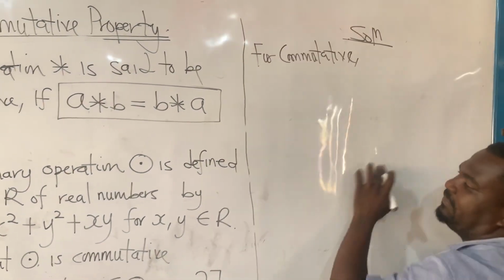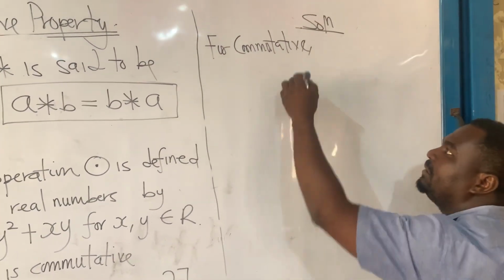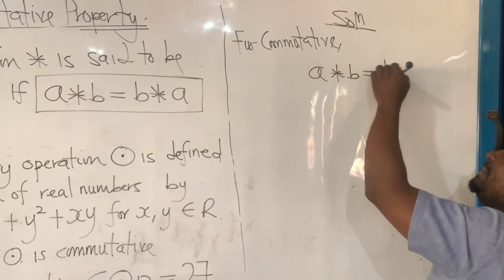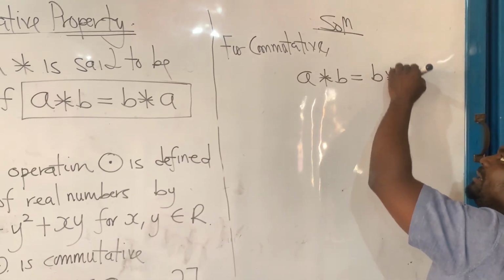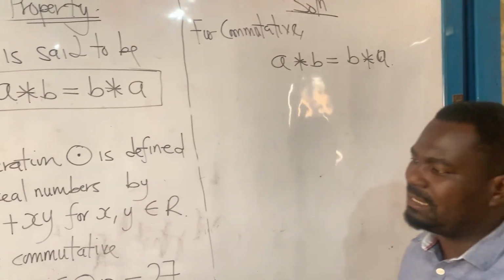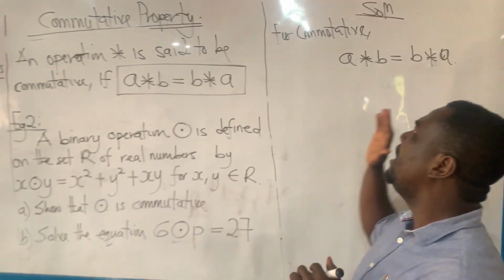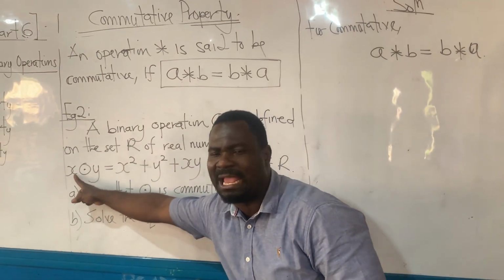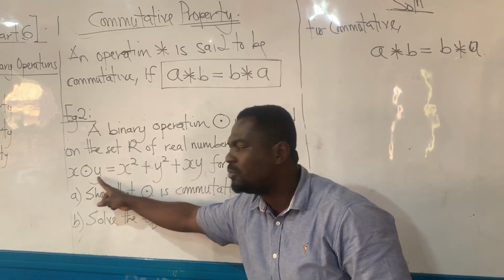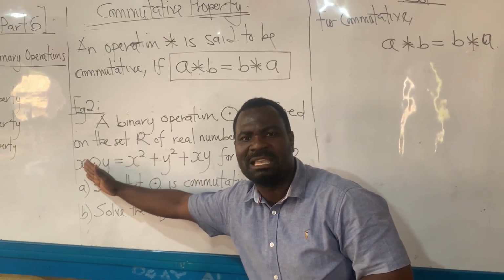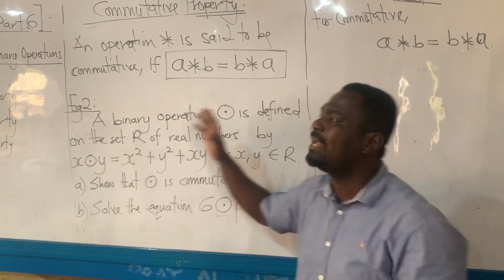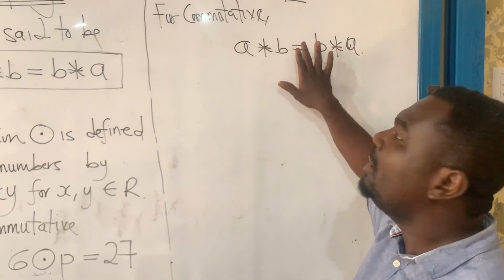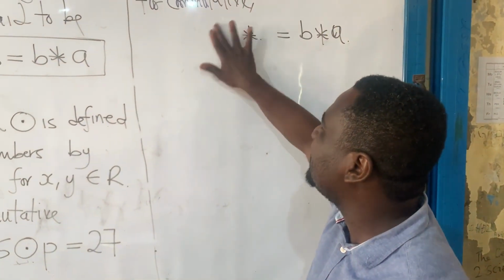Then you start by saying, for commutative, what is the condition? A star B equal to B star A. This condition is correct, but always use the formula in terms of the question given. The question was given in terms of x and y, so you are not supposed to use A and B. Always go by the given question.